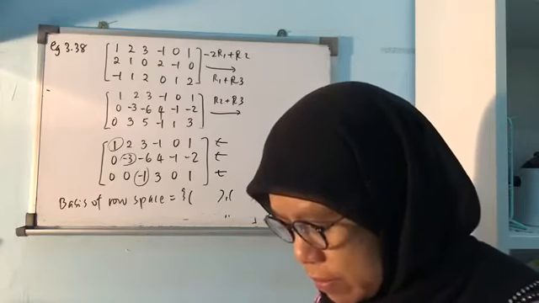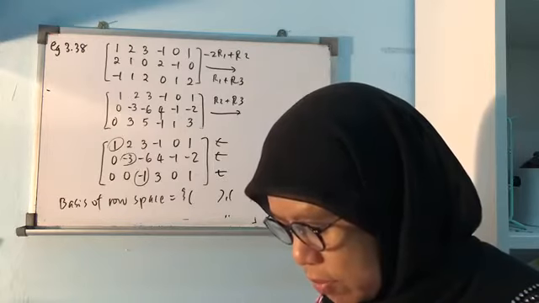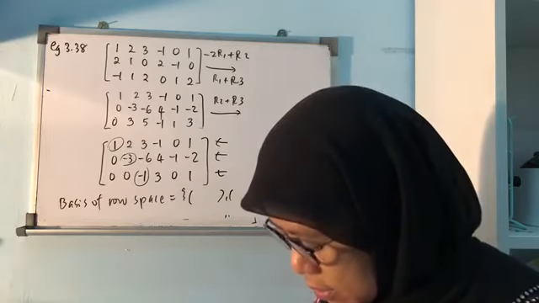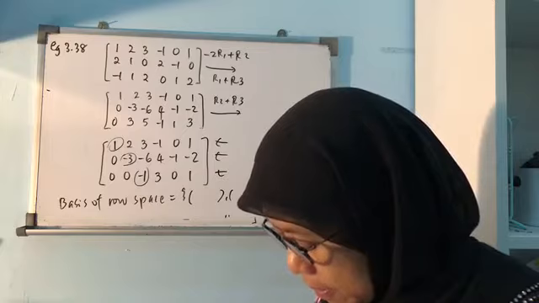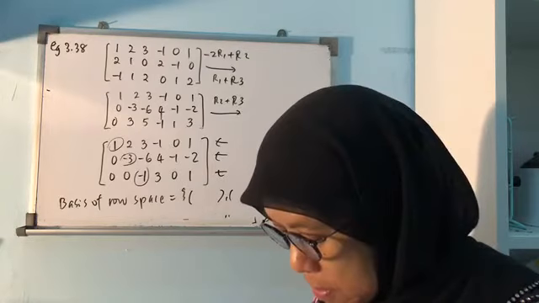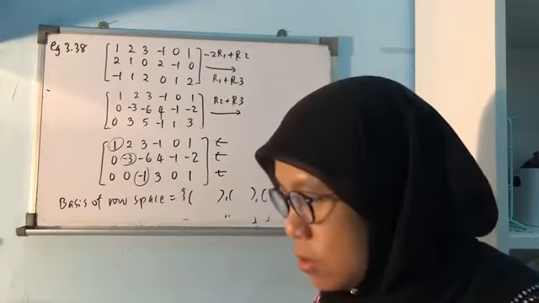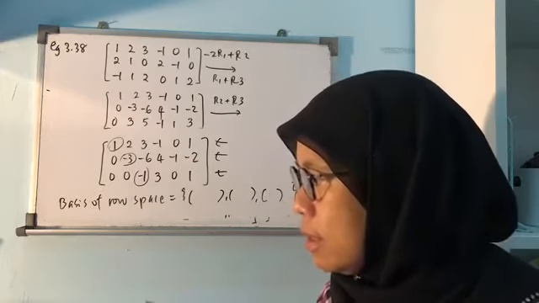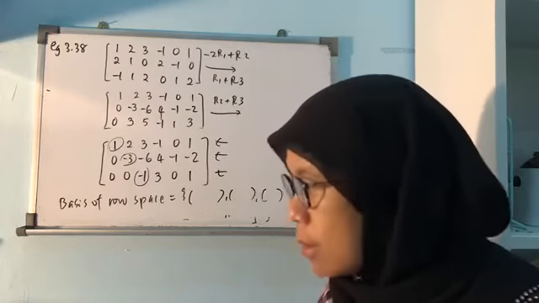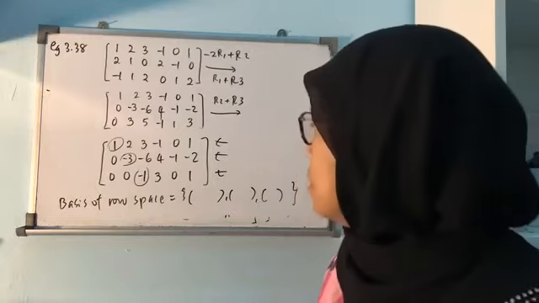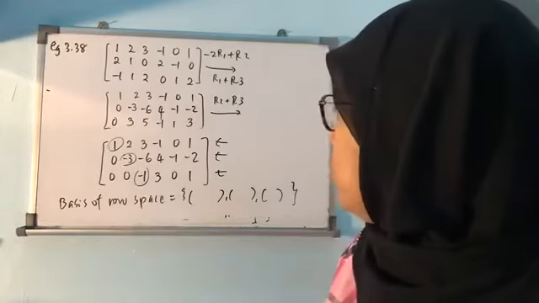Row 5, I don't see any row 5 here. Which one are you talking about? The column space or the row space? This one has no row 5.